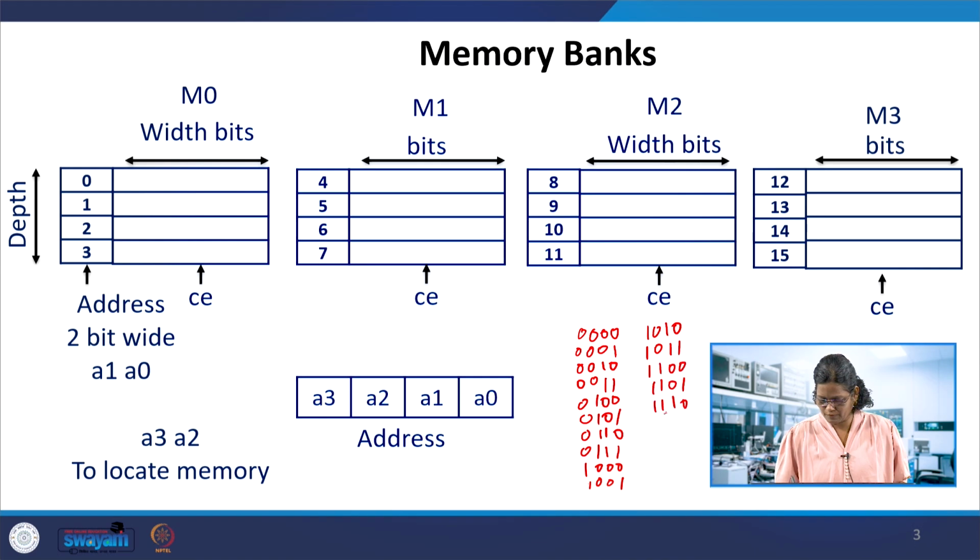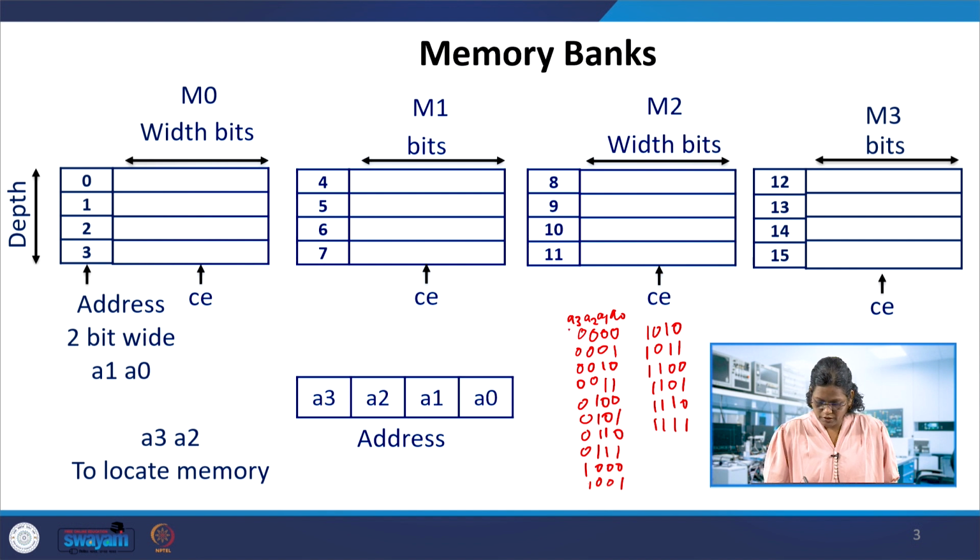So we have this combination of 16 combinations. If you look at this, this is A0 and this is A1, A2, and A3.